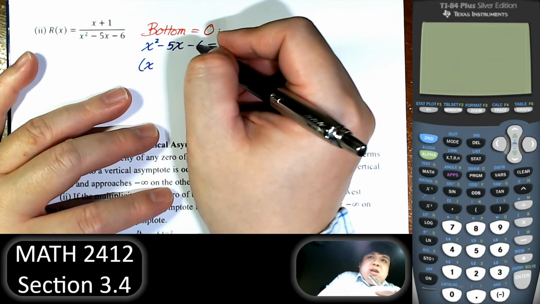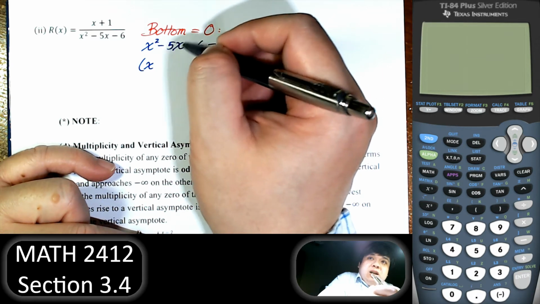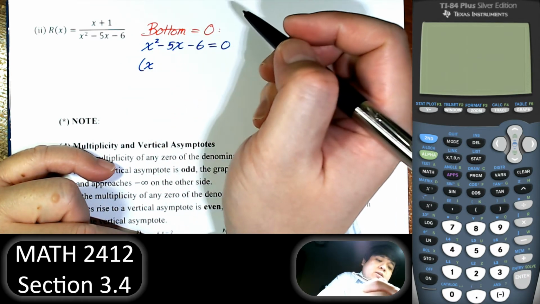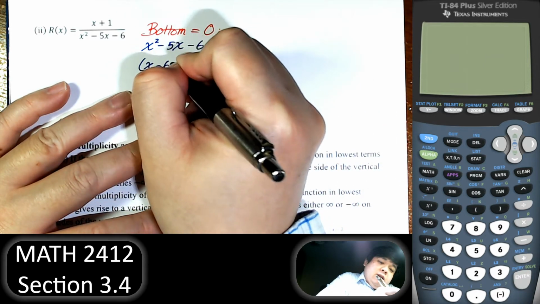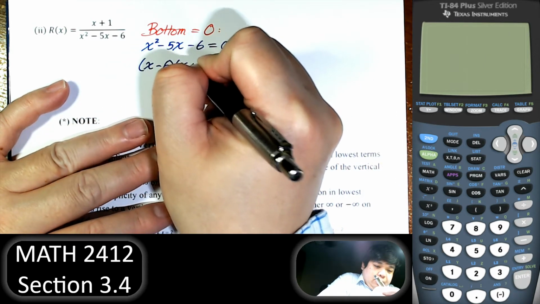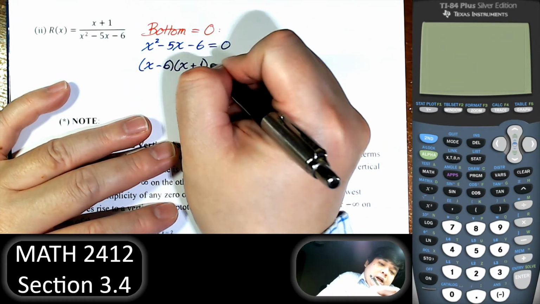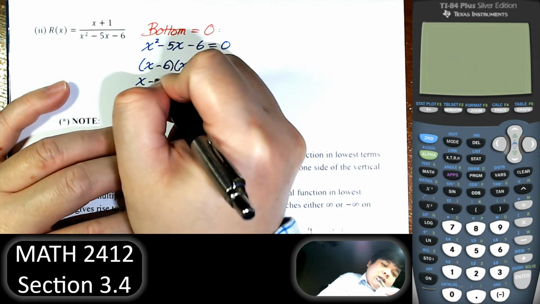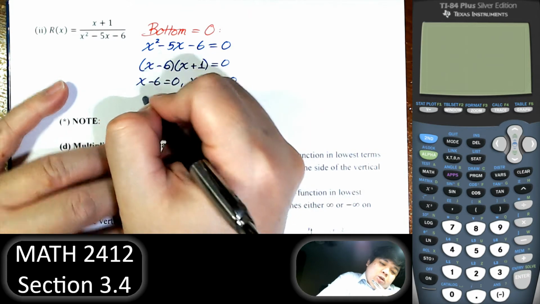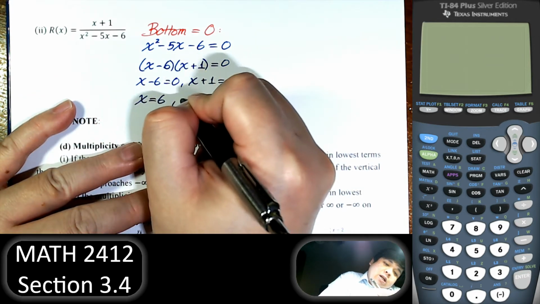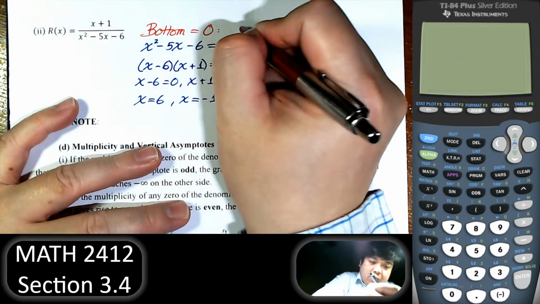They should have opposite signs because the product is negative 6, so that should be negative 6 and plus 1. So x minus 6 equals 0 and x plus 1 equals 0, so x equals 6 and x equals negative 1. We have two values that make the bottom equal to 0.